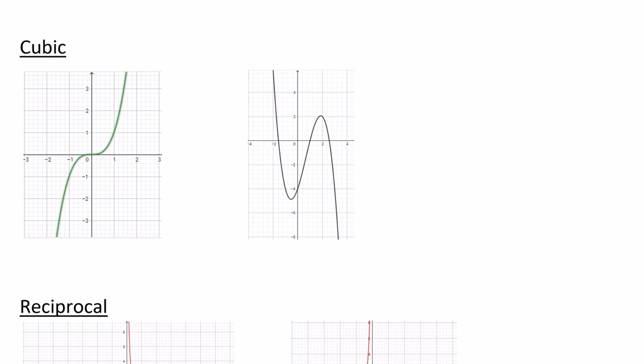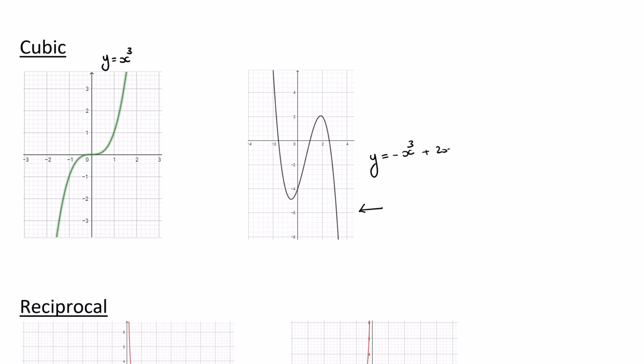Then you have cubic graphs. This is an example of y equals x cubed. And this one is an example of a graph where the x cubed has a negative coefficient. So this could be a negative x cubed. But this graph could be the graph that has other values for x.